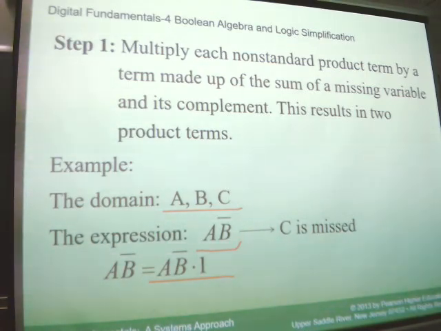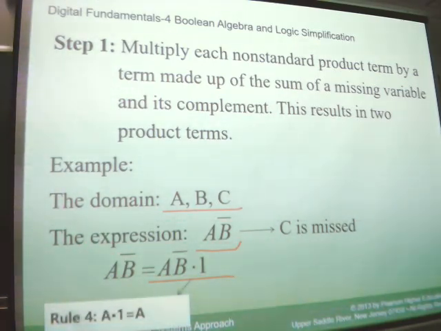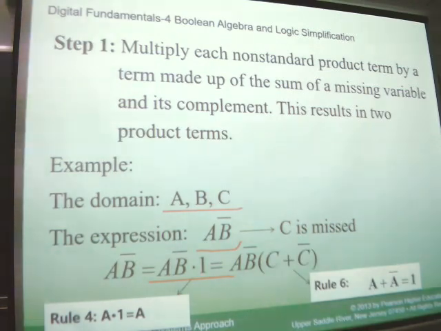A, B bar, and 1. 1 equals C plus C bar. So the last expression is A, B bar, C plus A, B bar, C bar. That is the standard SOP form of A, B bar.